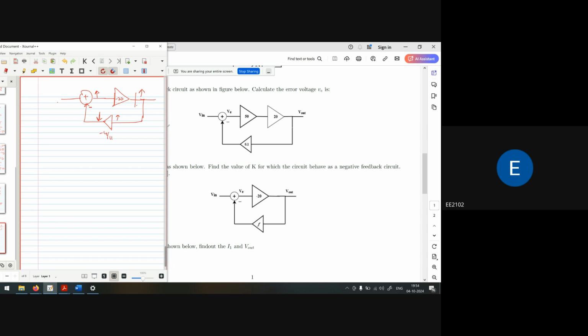And if you multiply with minus, it becomes downwards. Yeah, it is a negative. It's minus 20. So it is a negative feedback.